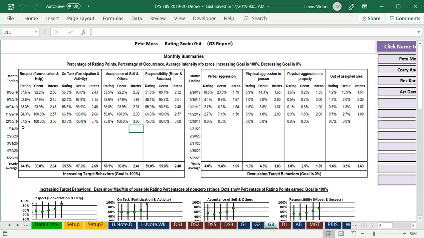Here, when you are looking at determining ESY for each student, you can look at them in three different ways for each target behavior as to how the student's performance changed before the break and then after the break. So if you need to make that determination, the G3 is an excellent way to summarize that. Okay, well, that was a lot of time on G3.